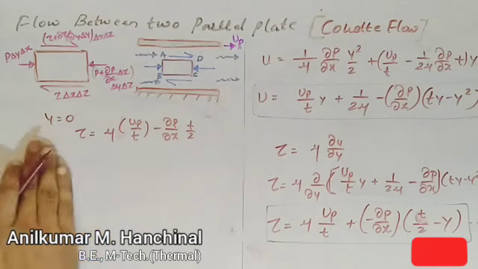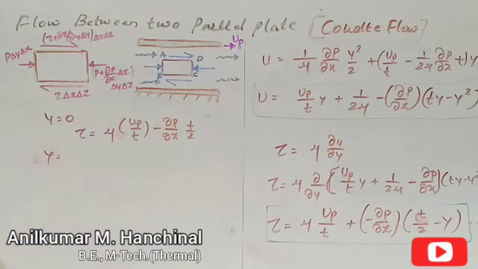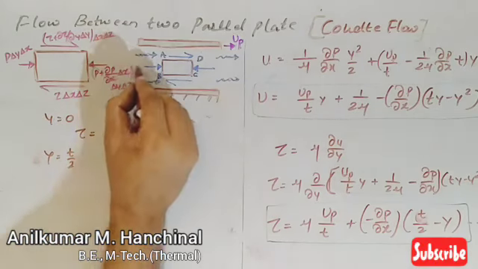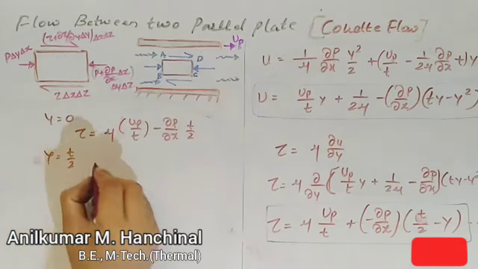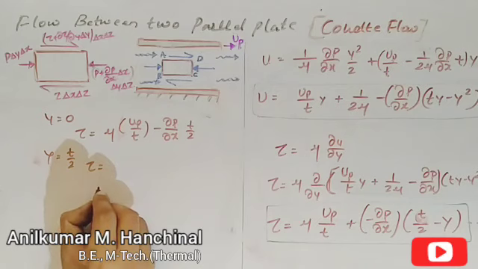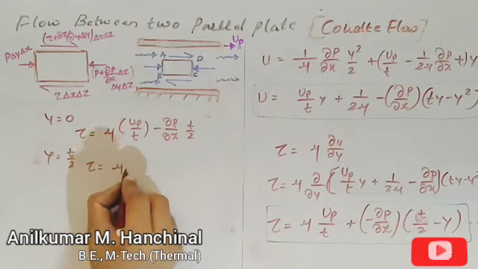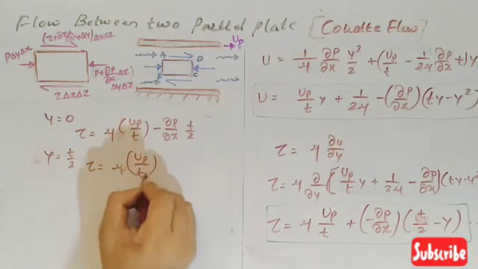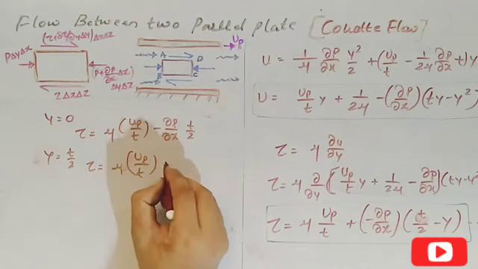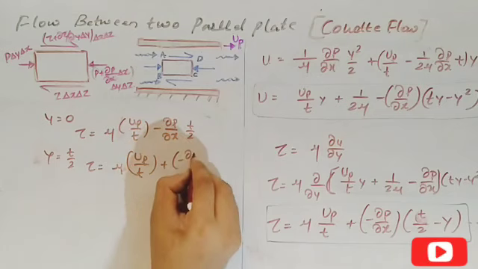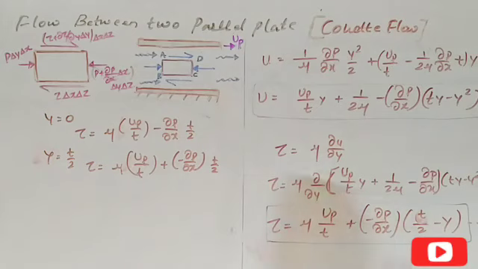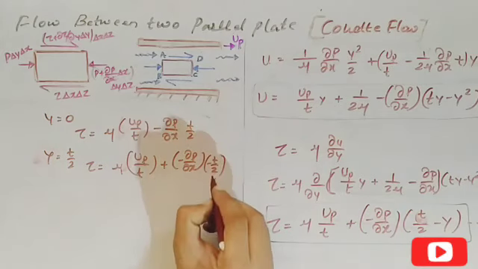When the y value is t by 2, that is at the center, then the shear stress will be equal to mu Up by t plus, minus dou p by dou x, t by 2.